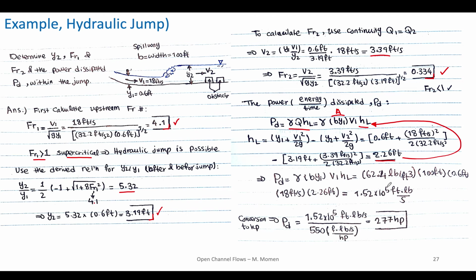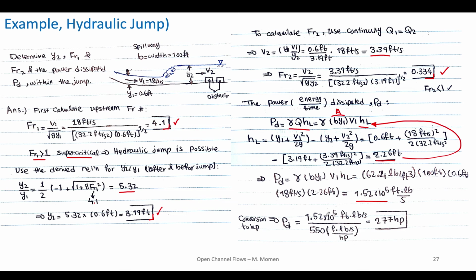The specific weight of water gamma is 62.4 pound per foot cube, times B, which is given as 100 foot, multiplied by Y1, which is 0.6 foot, multiplied by V1, which is 18 foot per second, times H_L, which we found here, 2.26 foot, and we are going to get 1.52 times 10 to the 5 foot pound per second.